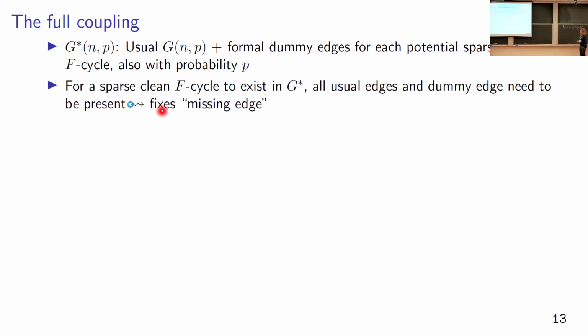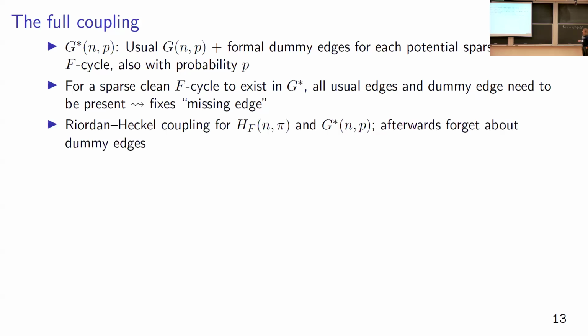And you simply declare that a sparse clean F cycle in G star is going to be all of the usual edges, but also the corresponding dummy edge. And this fixes the problem of the missing edge, meaning you can now run the Riordan-Heckel coupling between H_F and this G star.